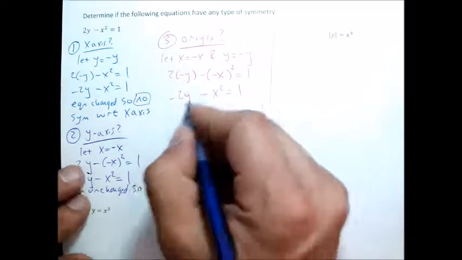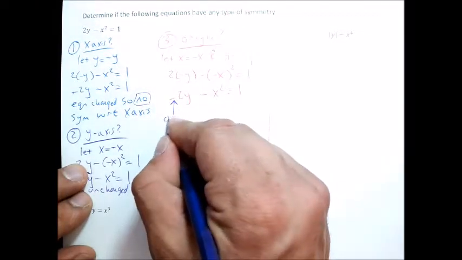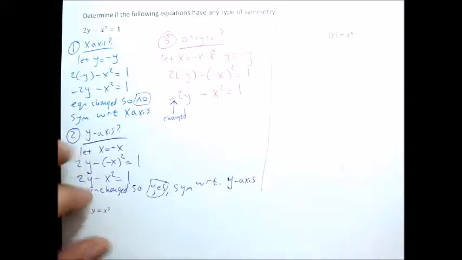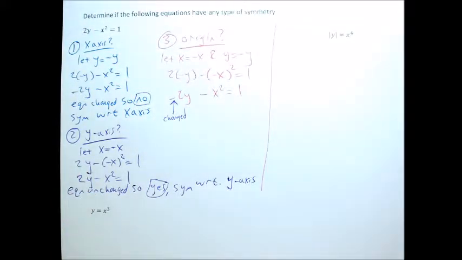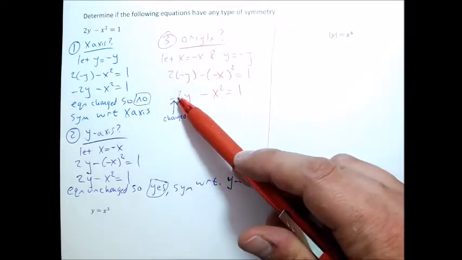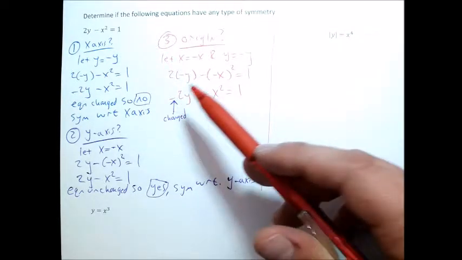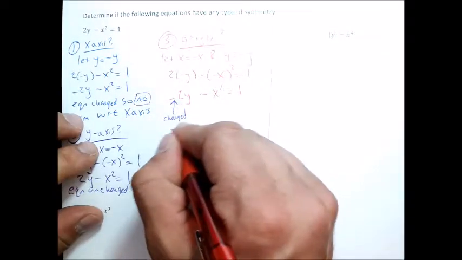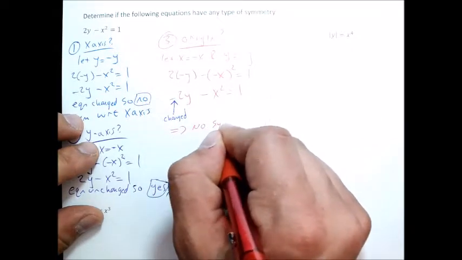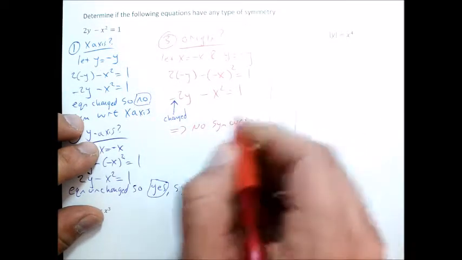So this changed. Since that negative sign wasn't in our original problem, we have no symmetry with respect to the origin.